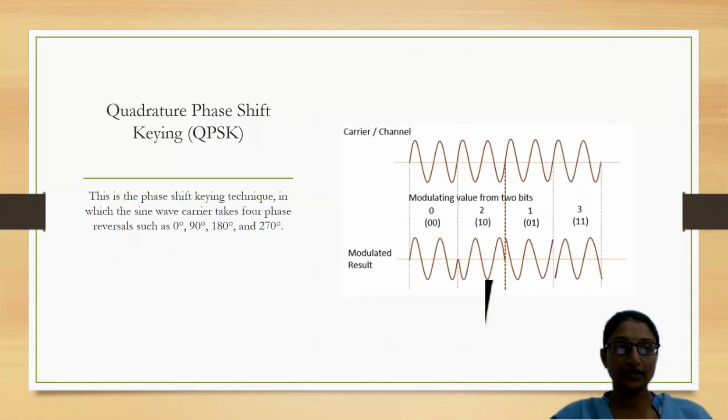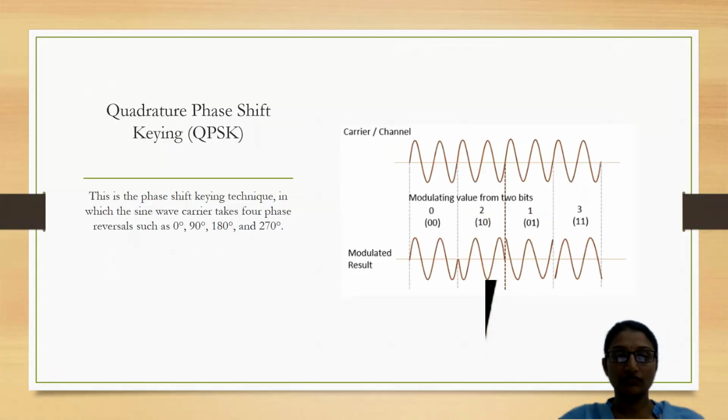Coming to the QPSK, the other type of PSK, here we can observe 4 phase reversals. In the previous case, BPSK, you have only 2 phase reversals, that is 0 degrees and 180 degrees, whereas here you can observe 0 degrees, 90 degrees, 180 and 270. 4 phase reversals you can observe.